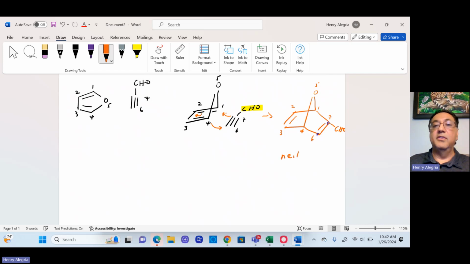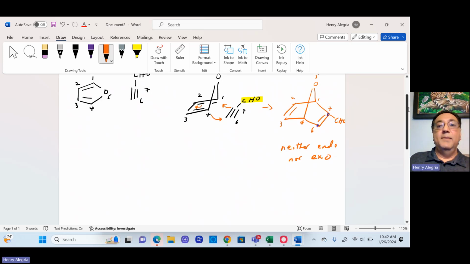So this is neither endo nor exo, and that's because carbon number 7 is sp2 hybridized, so it's really on the same plane, just going that way. It's not coming down endo, it's not going up exo, it's just going on the same plane. So that is something for you to know.